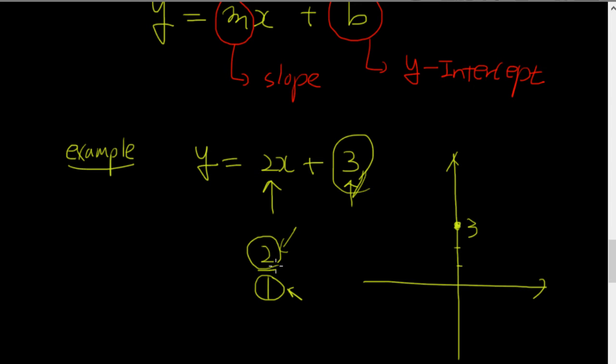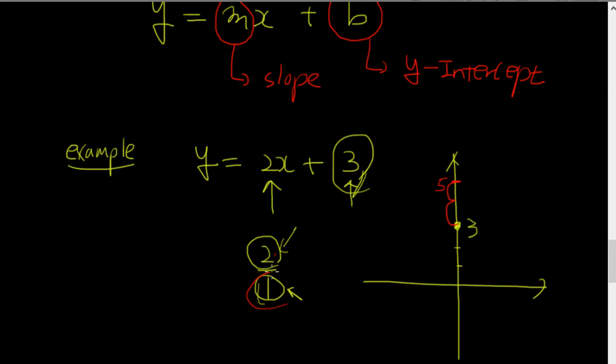So while y changes 2 units, x changes 1 unit. When we say y changes positive 2 units, that means from here it's going to go up 2, so that's going to be 5 there. That's the y change.